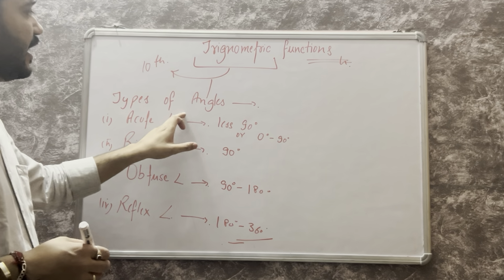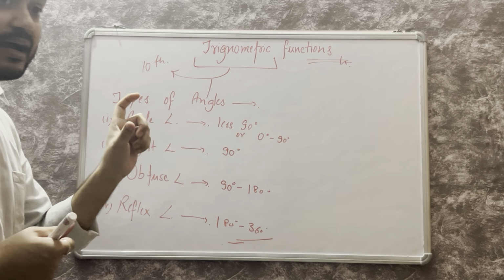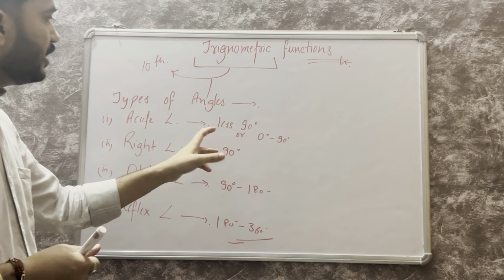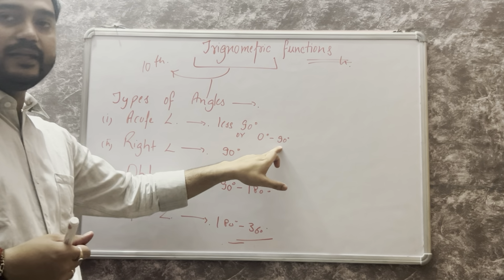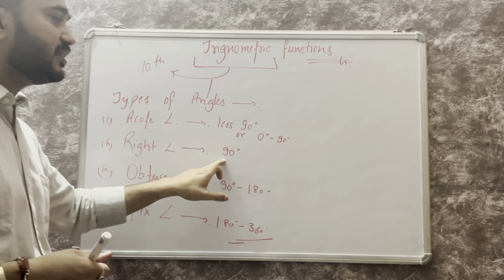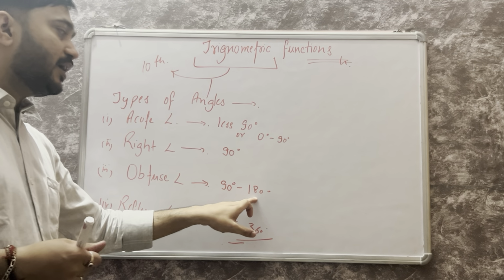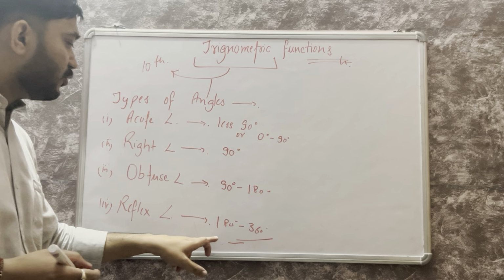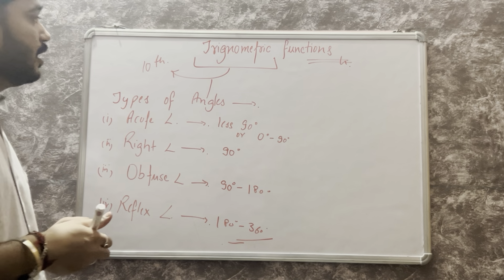The type of angle depends on the measure of the angle. If the measure of an angle is from 0 to 90 degree, it is acute angle. If it is 90 degree, it is right angle. If it is between 90 to 180 degree, it is obtuse angle, and from 180 degree to 360 degree is known as reflex angle.